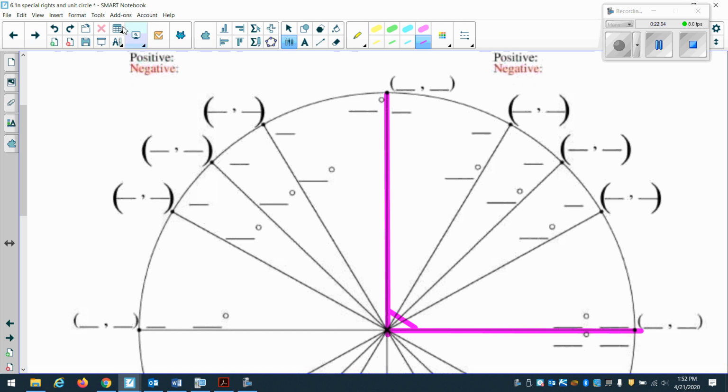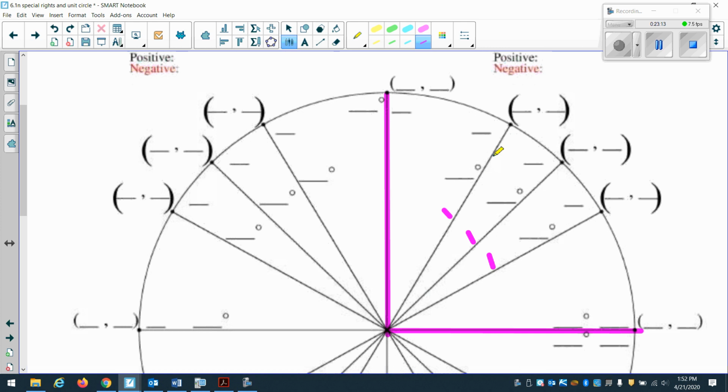Well, if you look back at what was created earlier using our 3 triangles, all with a radius of 1, that means this hypotenuse is 1, this hypotenuse is 1, and this hypotenuse is 1.